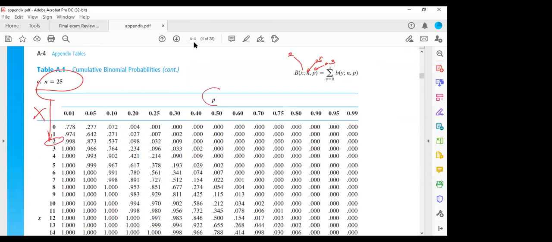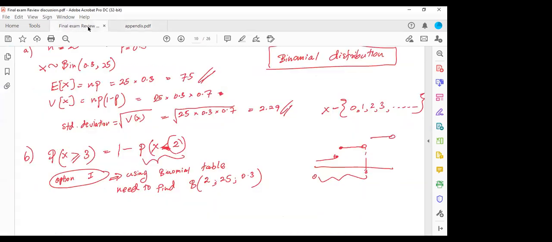Then your success probability from the right hand side is 0.3. So your value is 0.009. So this value, the probability of x less than or equal to 2, is 0.009.